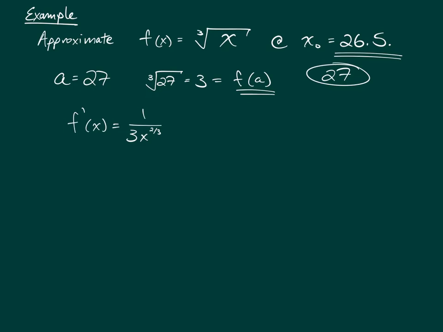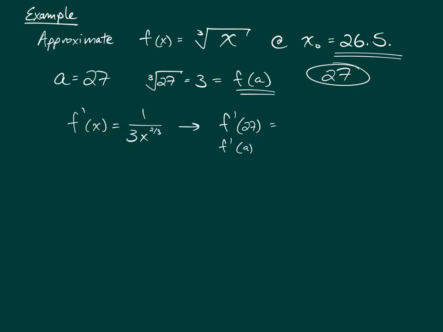And again, if you tried to find the slope of the tangent line at this point, you still can't do it because you have this 26.5, the cube root of 26.5. We don't know, we're trying to figure that out. This also involves that. So what we do instead is we approximate it at 27, aka f prime of a.